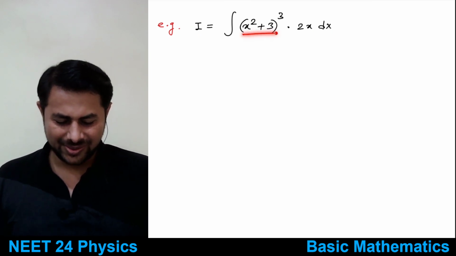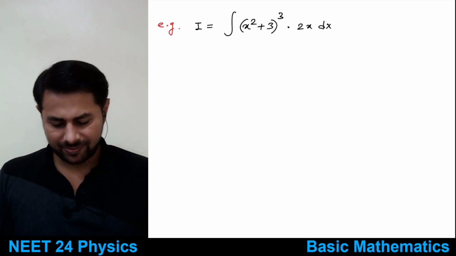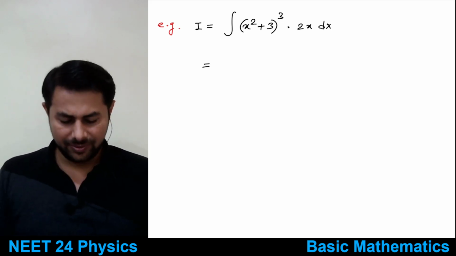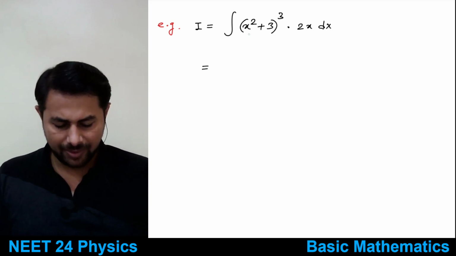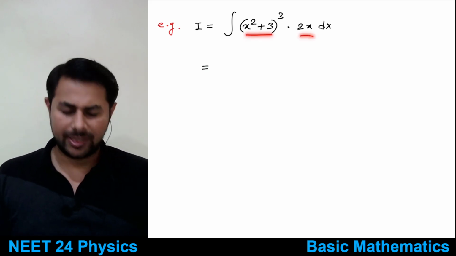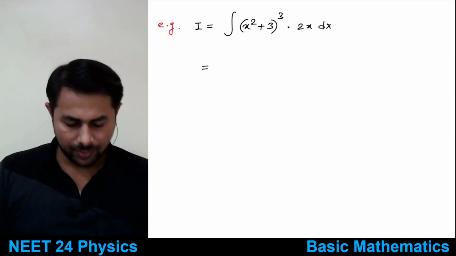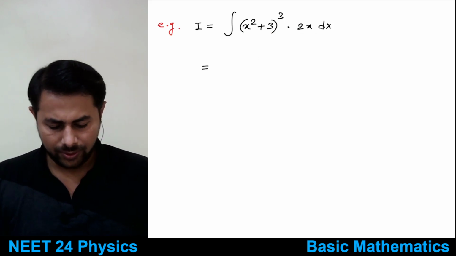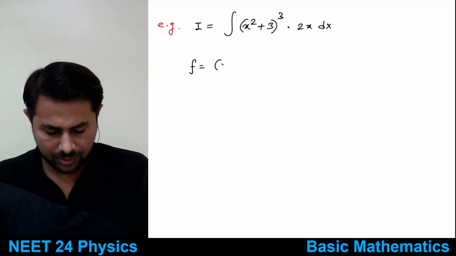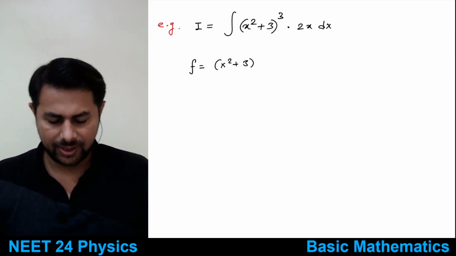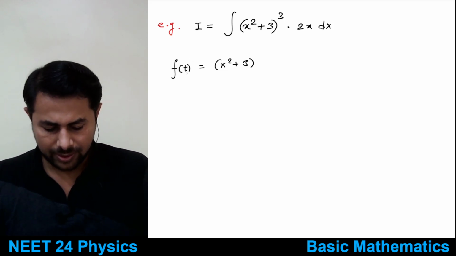So let's try this. You have x square plus 3 cube multiplied by 2x dx. What will be the integration of this? Here you just put f as x square plus 3 cube, which is f of some t.